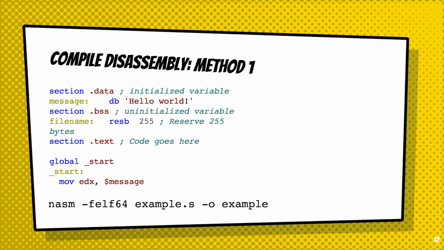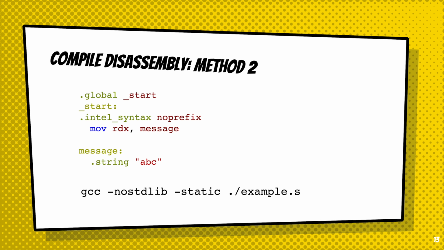And the second section, which is the .bss section, stores uninitialized variables. And the last one is the .text section, and this is the actual code section. And you usually want to start the .text section using global _start, and from the _start label, you can start to write your assembly.